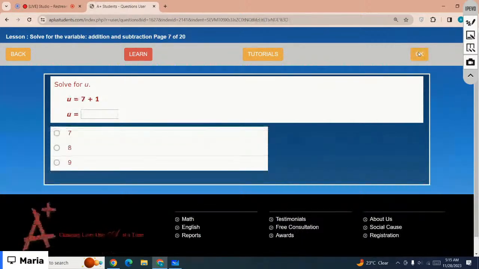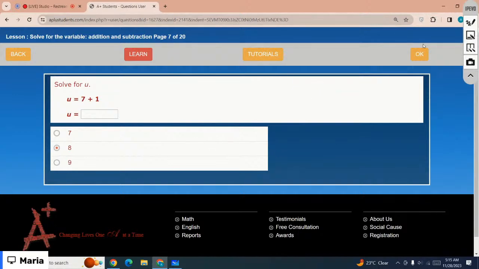Okay, solve for u. u equals 7 plus 1, which is the correct option. It is 8. Very good.